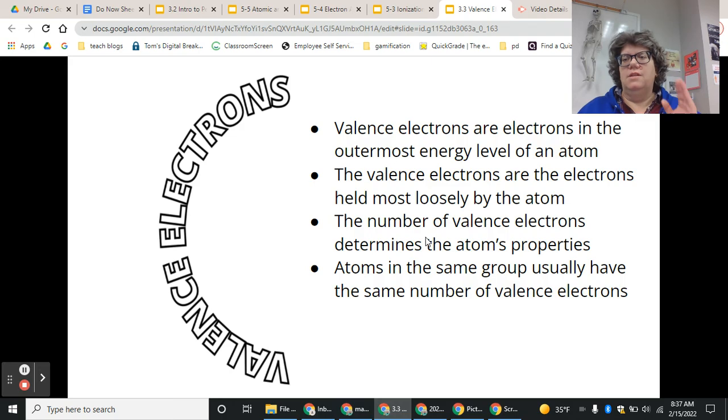Well, atoms in the same group have the same number of valence electrons most of the time. So everything in group 1 has the same number of valence electrons. Everything in group 2 has the same number of valence electrons. So that makes it real easy to figure that out without actually having to draw a picture or anything like that.